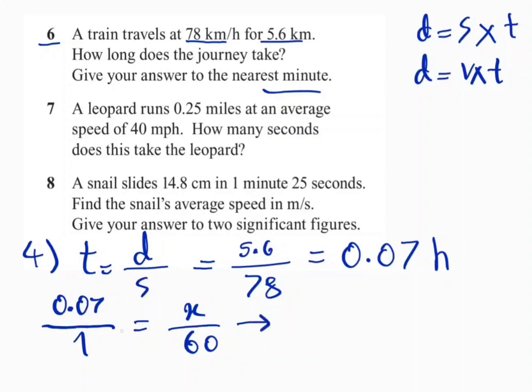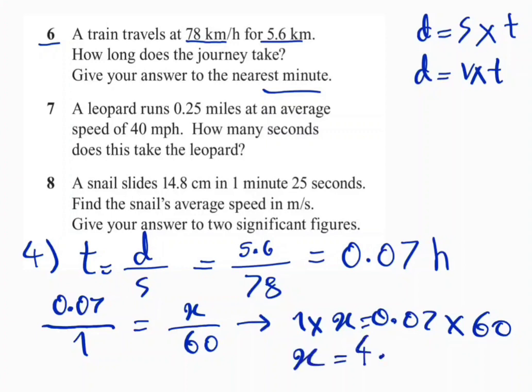Simply we can work this out by saying that 1 times x is equal to 0.07 times 60, which means that x is equal to 4.3 recurring. But since the question is asking to give the answer to the nearest minute, we just need to round this number and we get 4. So 4 minutes. This is the answer.